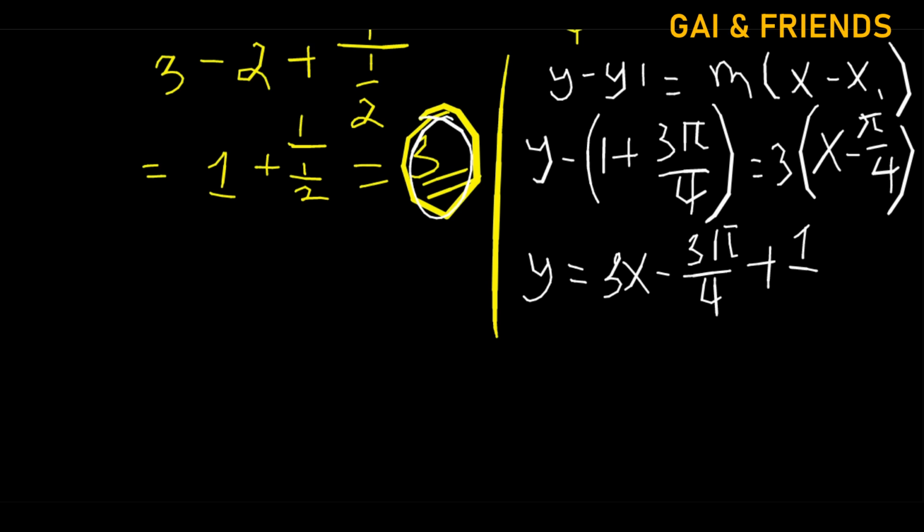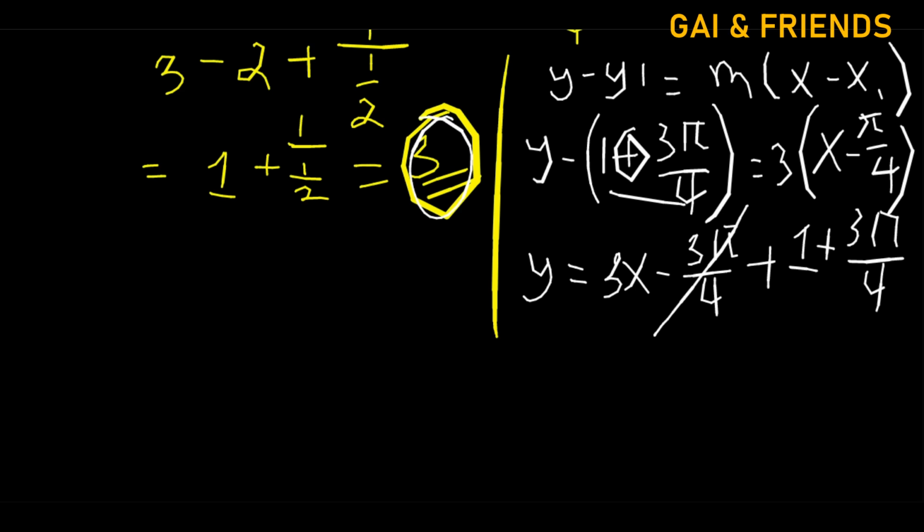So it's going to be plus 1 plus 3 pi out of 4. We have taken all this to the other side of the equal sign, and because we have moved that, the sign changes. First, it changes when we open the bracket. This one becomes negative when we open the bracket, but when we move it onto the other side of the equal sign, it becomes all positive.